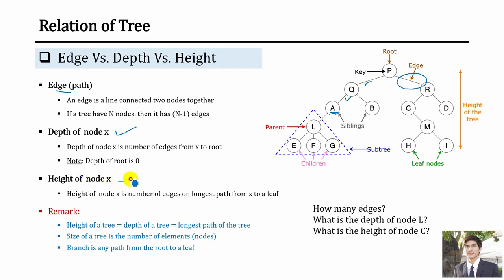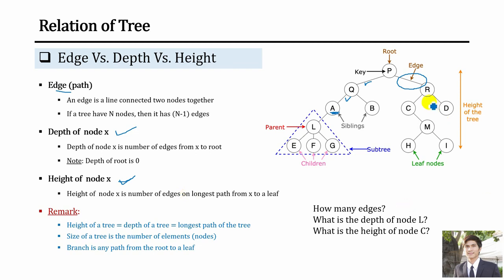And what is the height of a node? For any node, it is the number of edges on the longest path from x, this node, down to a leaf. So we go down. We take the longest path.